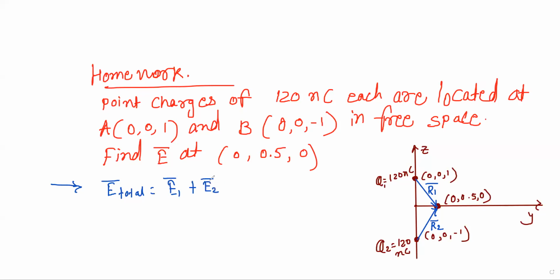And you know the formula for E1 and E2. E1 bar is equal to Q1 upon 4 pi epsilon naught R1 square, A bar R1. This is the formula by which you can calculate E1.